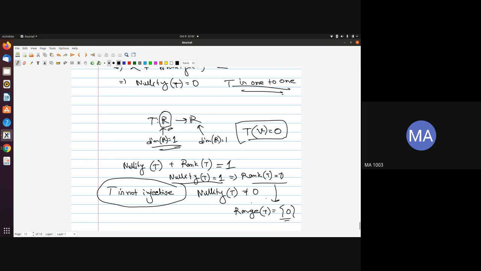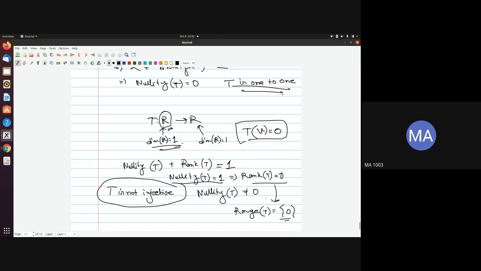So what is the maximum possible nullity? Because nullity plus rank is 1, nullity can be maximum 1. So nullity is 1. Nullity 1 means this R is itself the null space, because it is a dimension 1 vector space. And if nullity is 1, then rank is 0, right? Rank of T is 0.